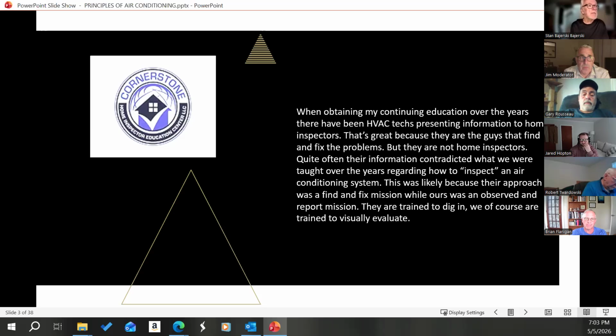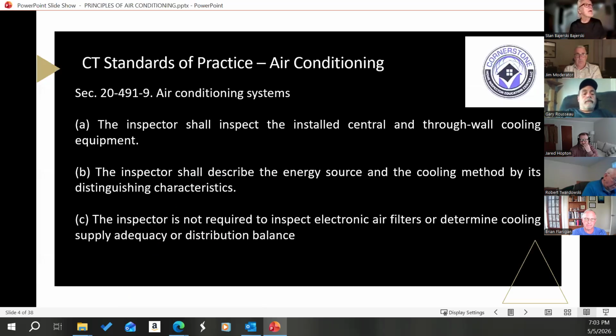This was likely because their approach was a find and fix mission, while ours is an observe and report mission. They are trained to dig in. We, of course, are trained to visually evaluate. So at least with the Connecticut standards, to be approved in Connecticut, we have to go through them or tie them into the presentation.